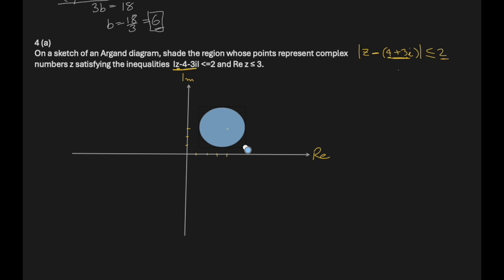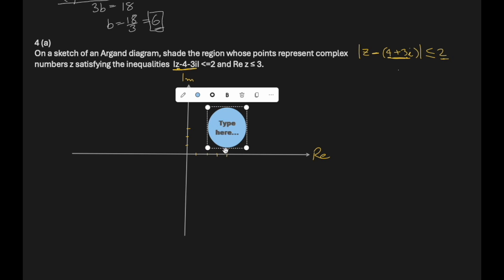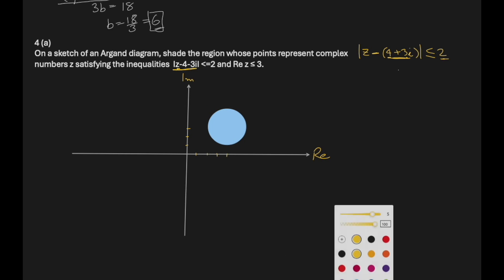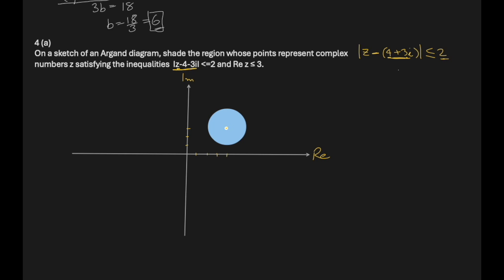From 3 it will reach 1 and from 4 it will reach 2. This is the one where the center is 4 plus 3i, this center, and this radius is 2.